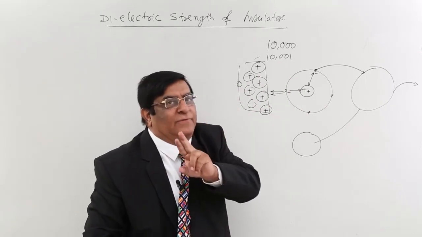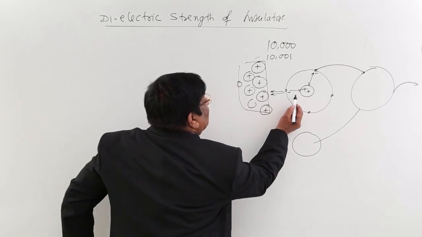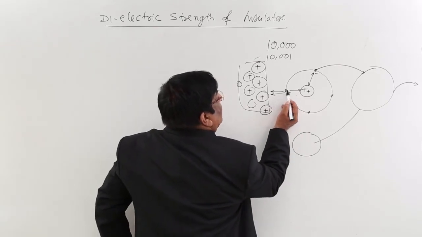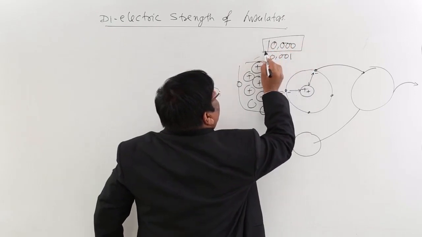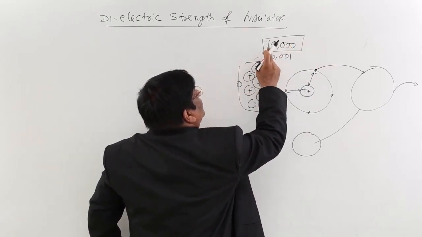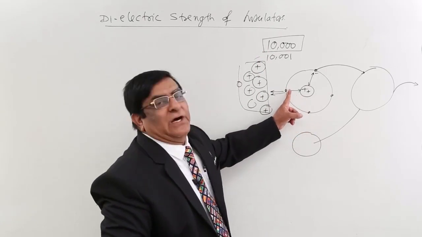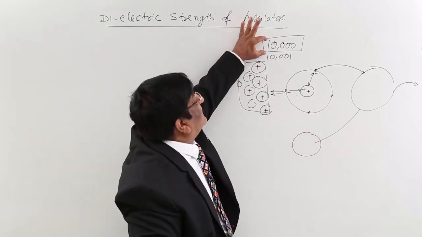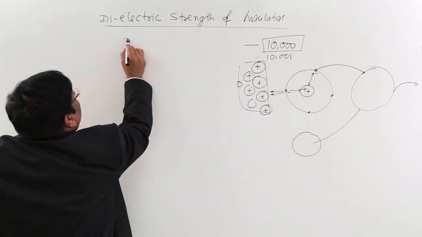So you have to understand a few terms. Up to this much force it has not allowed the charge to move, so this is the force up to which it will remain an insulator. Therefore, this is known as dielectric strength.